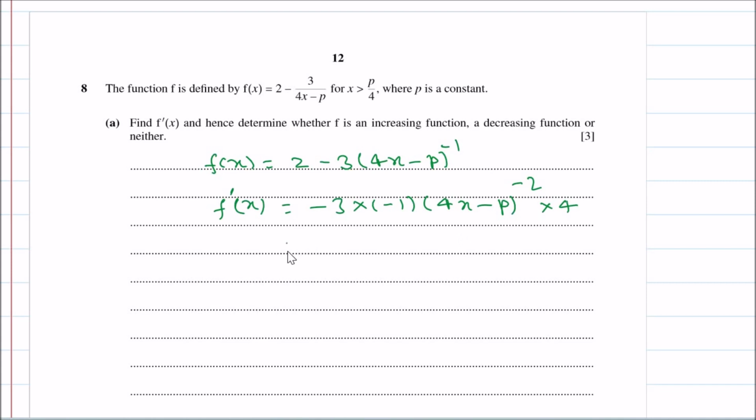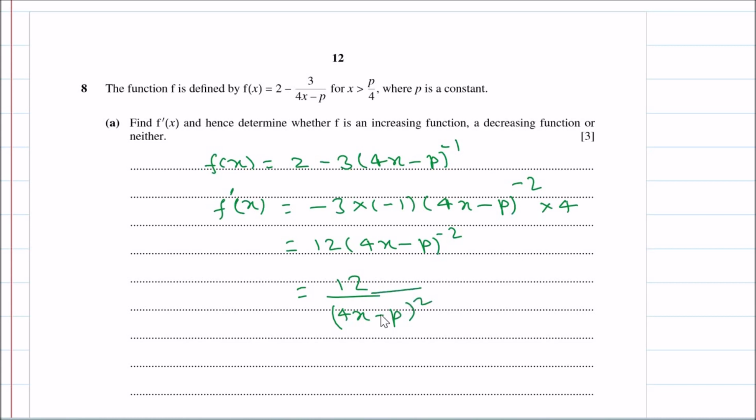Now, if you simplify this, we get 12 times (4x minus p) to the power minus 2. Now, if you write this with positive exponent, let us write 12 divided by (4x minus p) whole square.